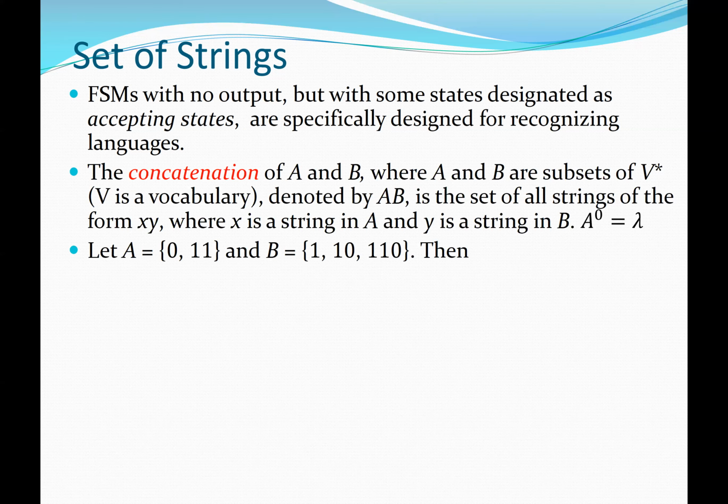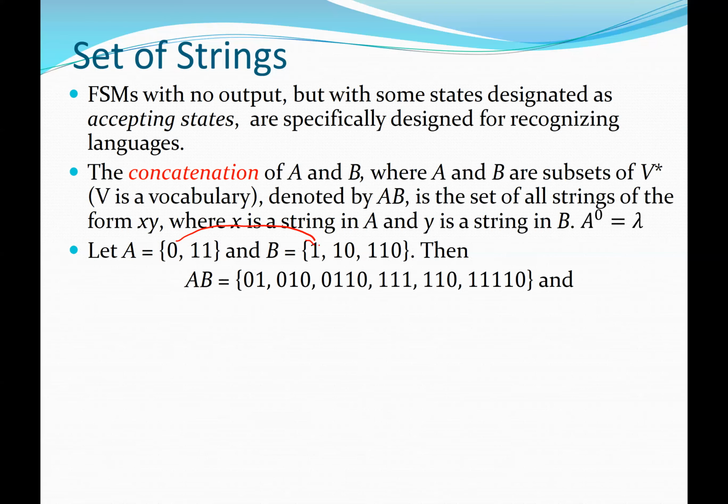Here is the example. Suppose we have the set A containing the bit strings 0 and 11, and the set B containing the bit strings 1, 10, and 110. Then the concatenation of A and B, or AB, will be 01, 010, 0110, 111, 1110, 11110. Technically, I take this 0 and map it to the 1, then I take the 0 and map it to the 10, then I take the 0 and map it to the 110.